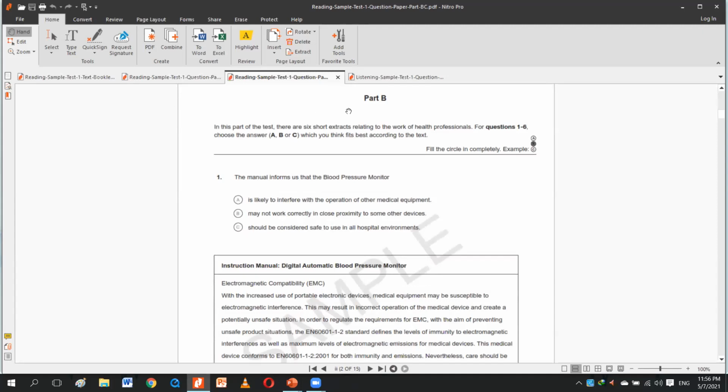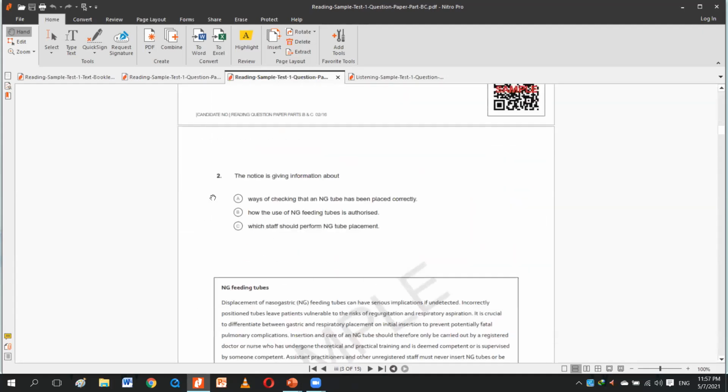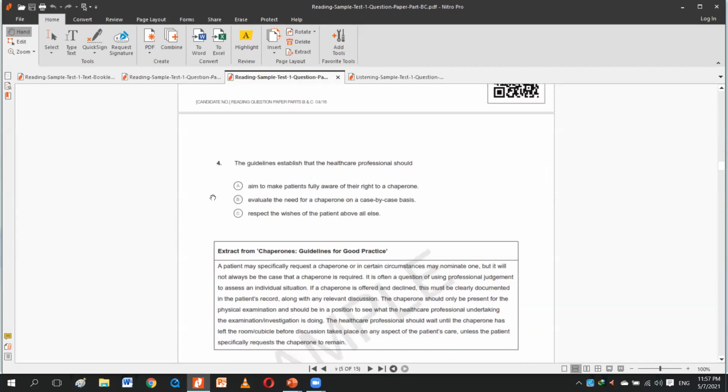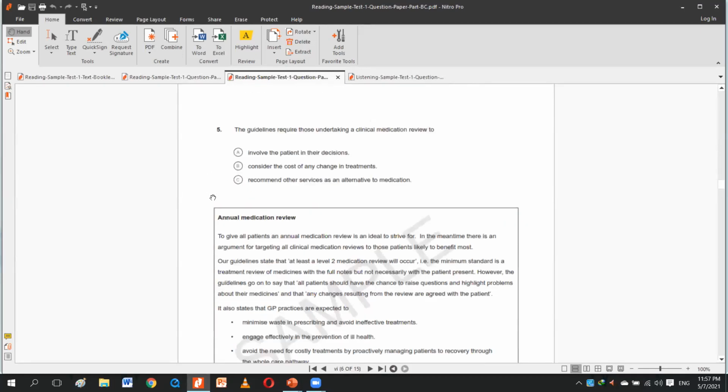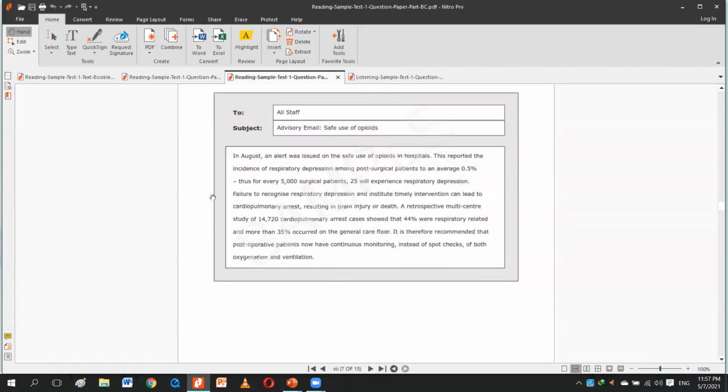Then part B, we have 6 short texts. For each text, you have a multiple choice question consisting of 3 possible answers. This is the second one. This is the third one, fourth one, fifth one, and this is the last one, number 6.